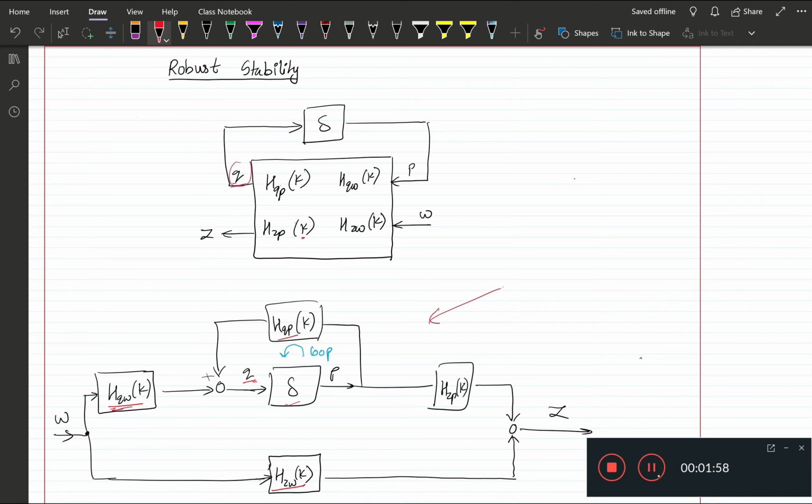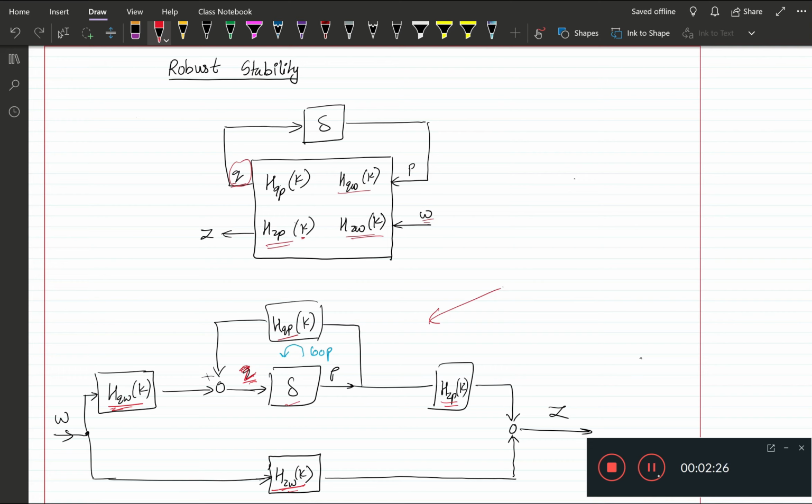Q is HQP times P plus HQW times W, and P is then delta times Q, whereas Z is HZP times P plus HZW times W, which is here.